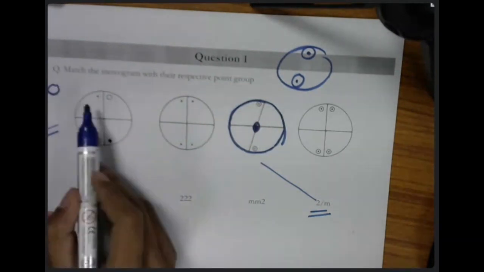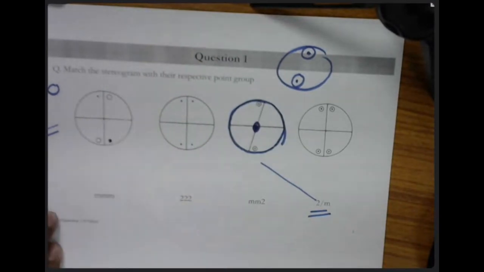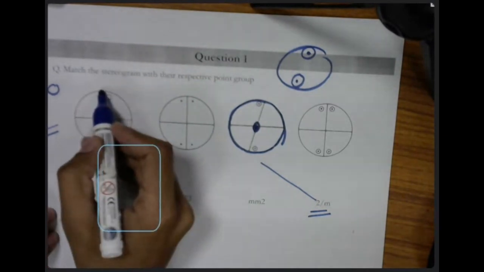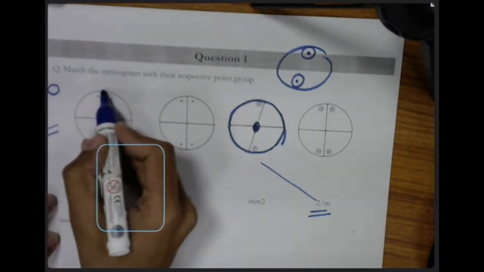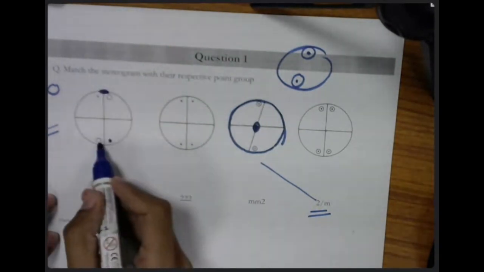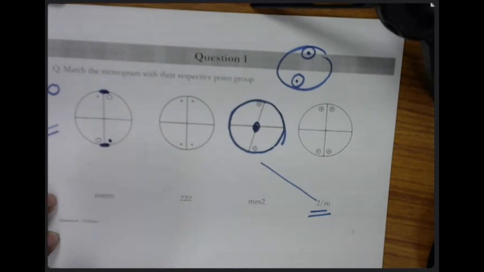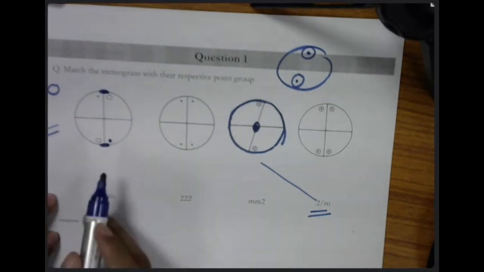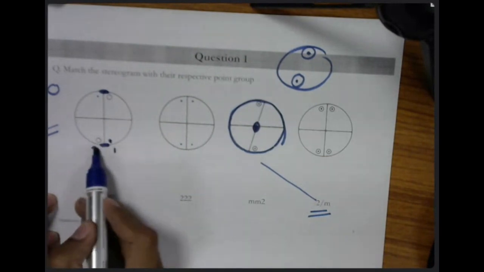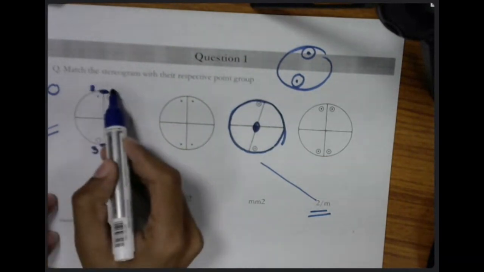So if I want to convert this particular point to this, what do I need to do? I need to do a twofold rotation of it along this particular axis. A twofold rotation is a must, which will convert point number 1 to point number 3 and point number 2 to point number 4.